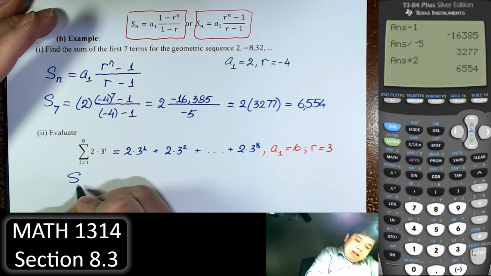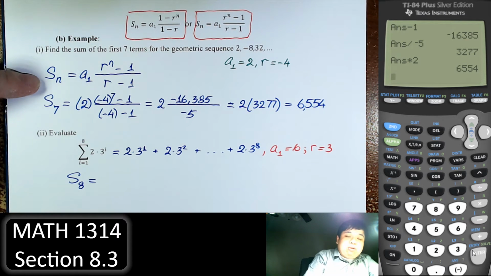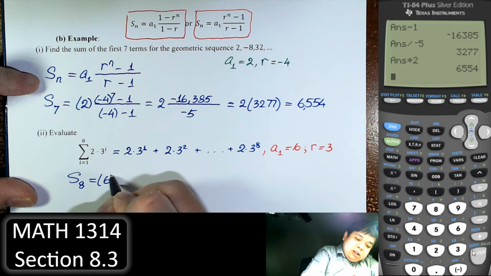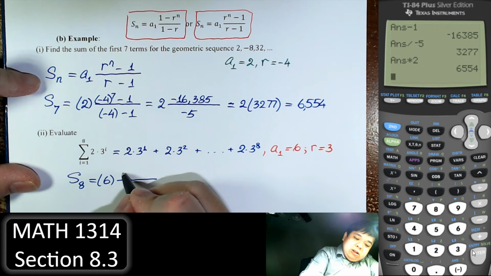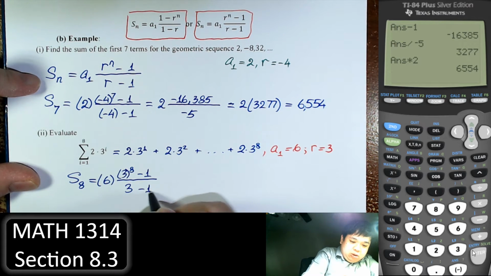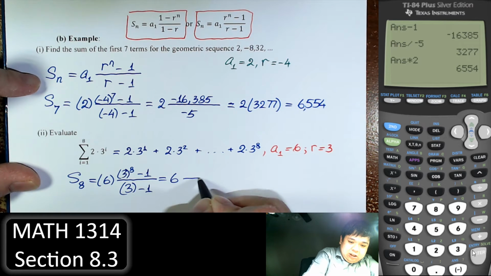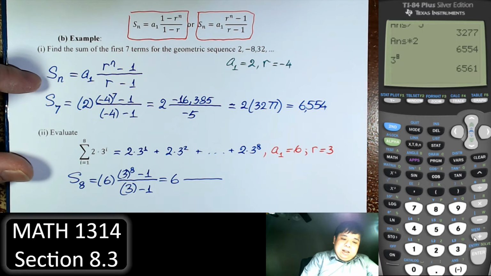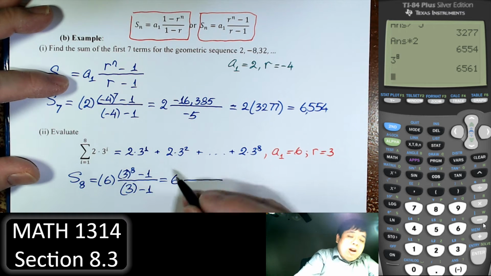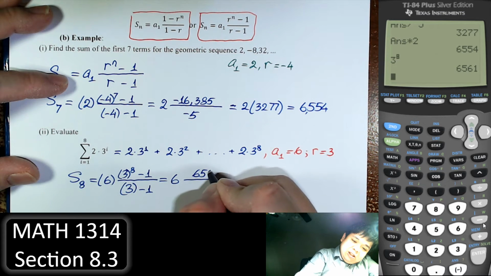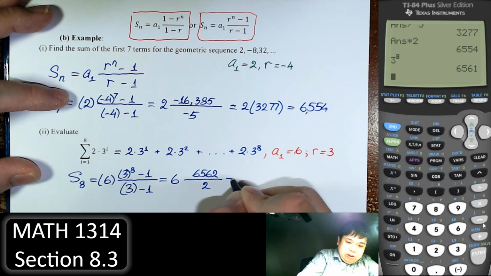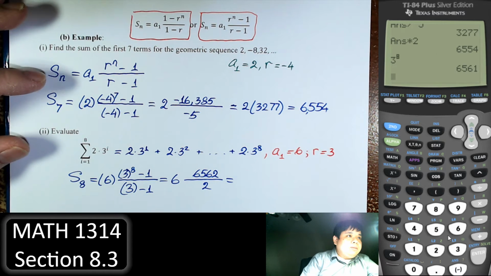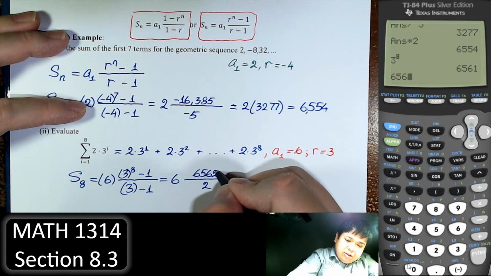So s of 8 equal to, I'm using that formula again, a1, 6, times r to the n minus 1 over r minus 1. And that minus 1 shows 6560. Divided by 2.